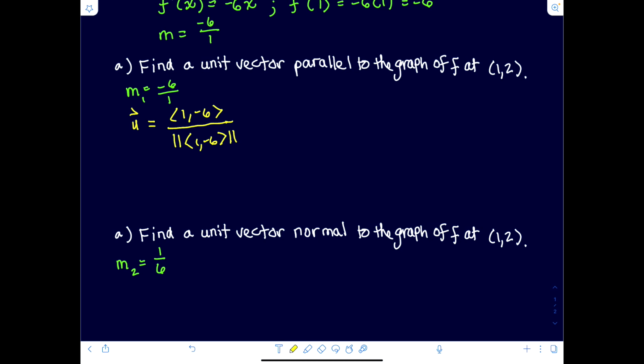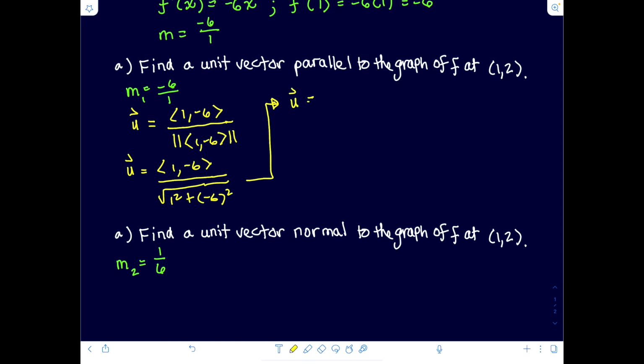So u equals (1, negative 6) over the square root of 1 squared plus negative 6 squared, which is (1, negative 6) divided by the square root of 37.